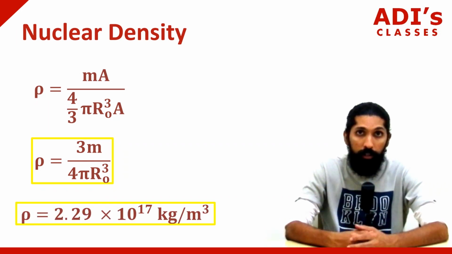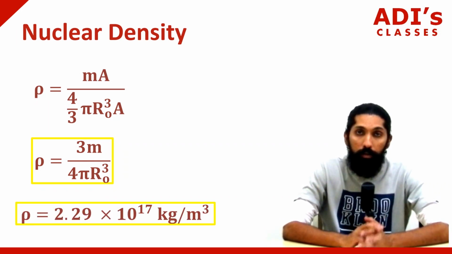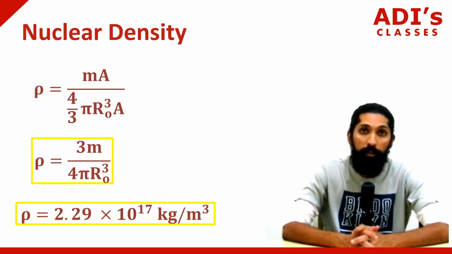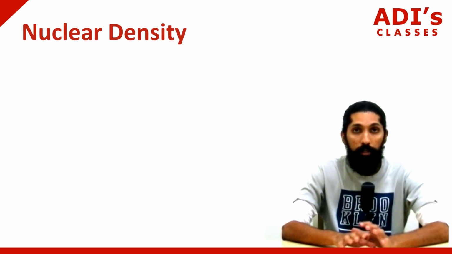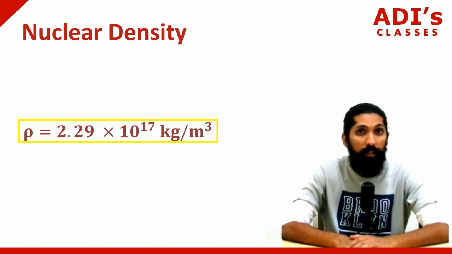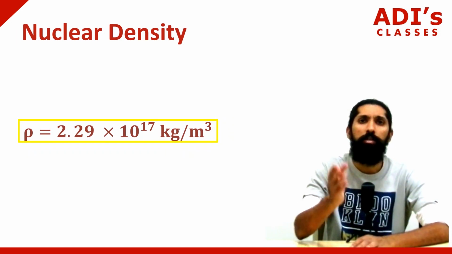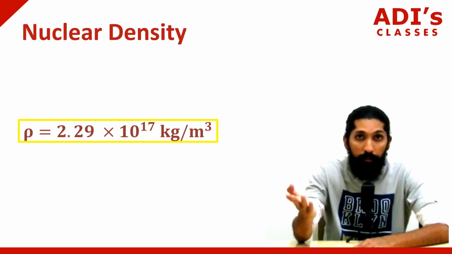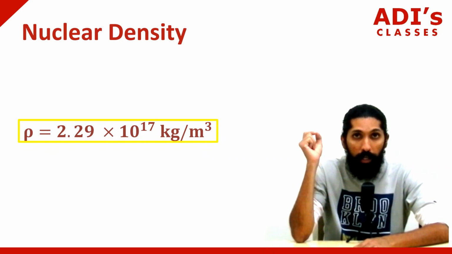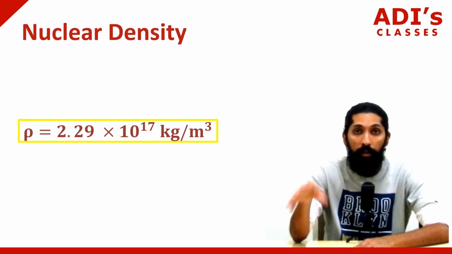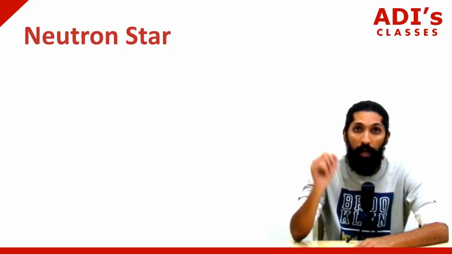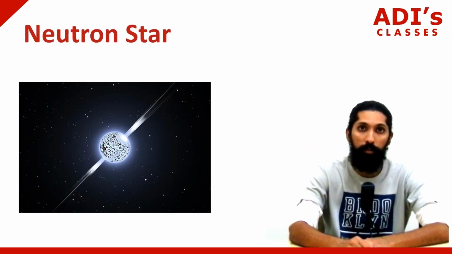So if you apply all these values, we get rho equal to 2.29 times 10 to the power of 17 kg per meter cubed. So this is the density in the nucleus. This is a lot, 10 power 17. Not even any element, or any star, will have this kind of density except for one star, which is a neutron star.